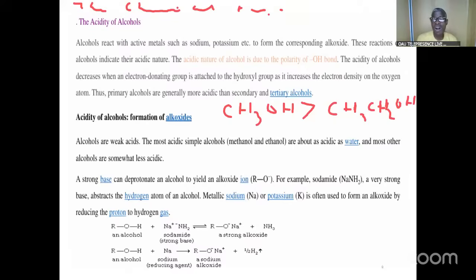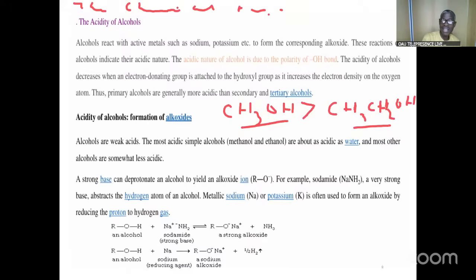This is a primary alcohol and this is also primary, but the more the carbon, the less the acidity, because we said here that the acidity of alcohol decreases when an electron donating group is attached to the hydroxy group as it increases the density on the oxygen atom. So we now say generally, primary alcohols are more acidic than secondary.